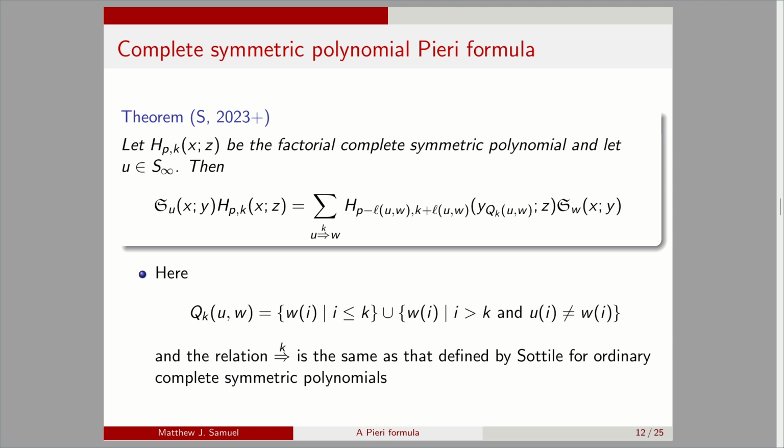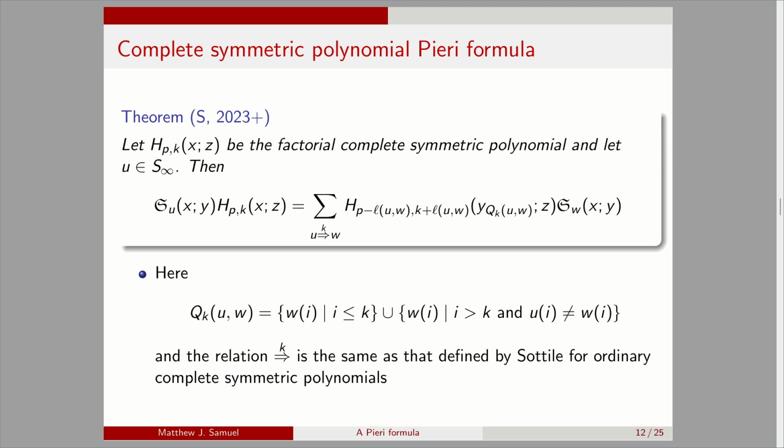It's a sum over certain w related to u by this relation fat arrow k, and the coefficient of Sw of x and y is itself a factorial complete symmetric polynomial, but the degree decreases as the length of w increases, and the number of variables increases as the length of w increases.